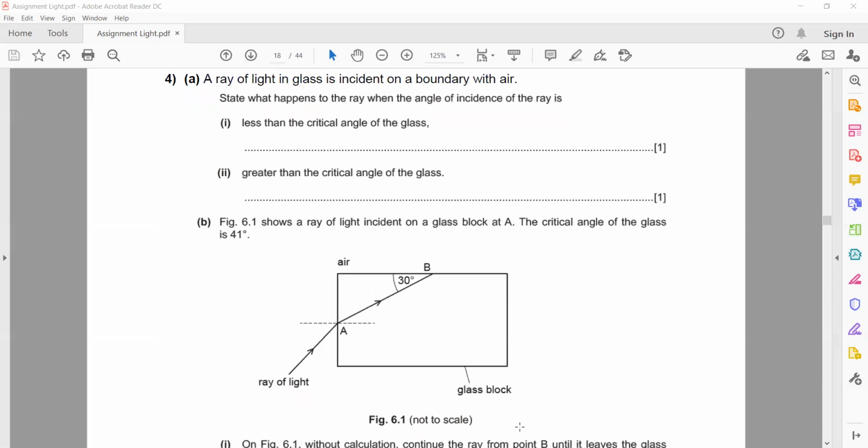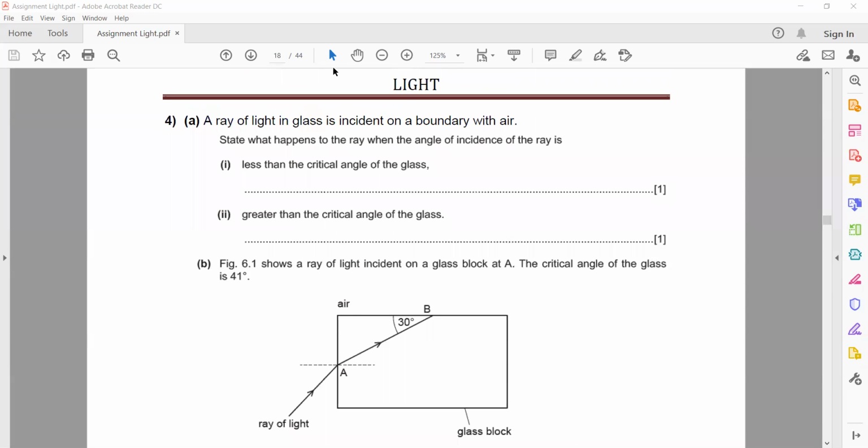If the angle of incidence is smaller than the critical angle, like if I say this is a surface and this is the angle at which the light strikes, say the critical angle is 40, this is just an example, and the light strikes at an angle of, for example, 20.